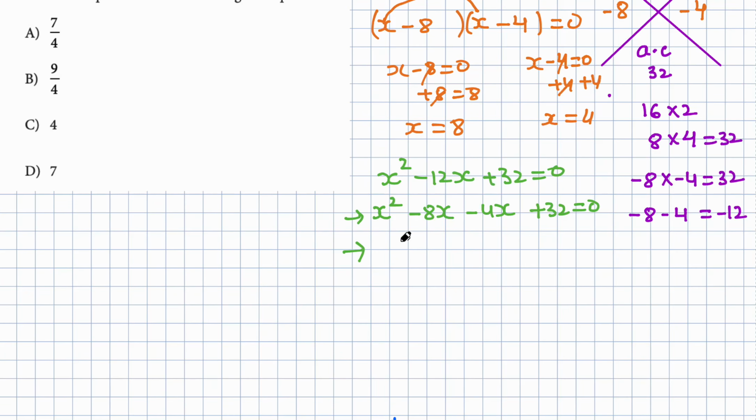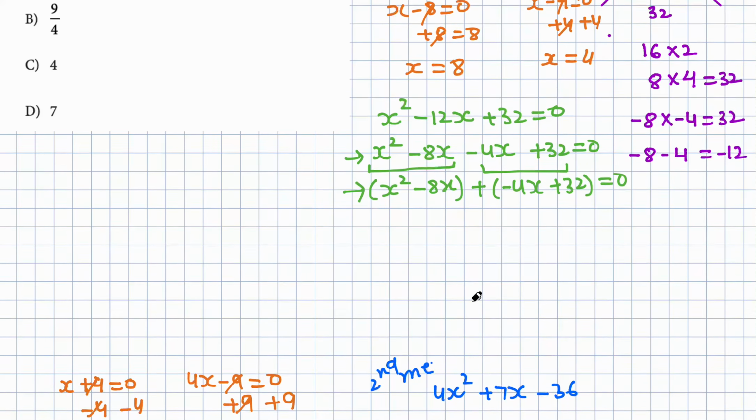In step number 2, we make pairs: this is the first pair and this is the second pair. So x squared minus 8x, whatever is the sign with it, that's okay. Just put the minus sign outside and then write the second one, so we have made two pairs.